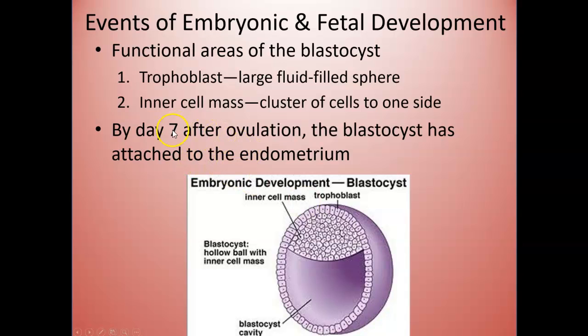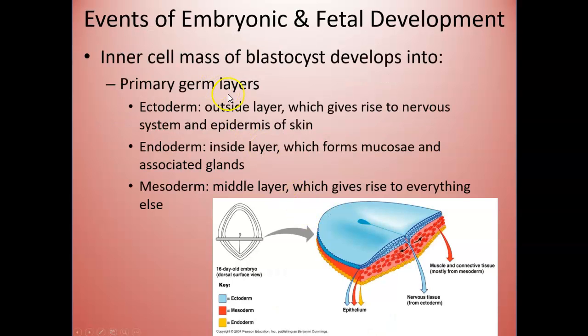By day 7 after ovulation, the blastocyst is attached to the endometrial layer inside the uterus. That inner cell mass of the blastocyst is going to develop into three particular layers called the ectoderm, the endoderm, and the mesoderm. The ectoderm is the outermost layer, which I've got in blue here, and that's going to give rise to the nervous system and the epidermis of the skin.